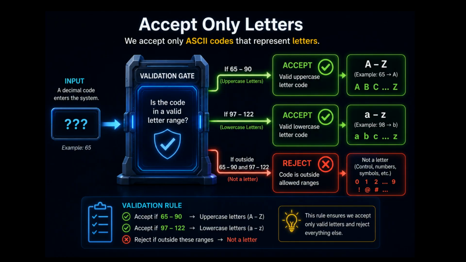For example, 98 represents lowercase b. But if the code is outside both of these ranges, we reject it, because it does not represent a letter. So the rule is simple: 65 to 90, accept. 97 to 122, accept. Anything outside these ranges, reject. This validation ensures that our program accepts only valid alphabetic character codes.